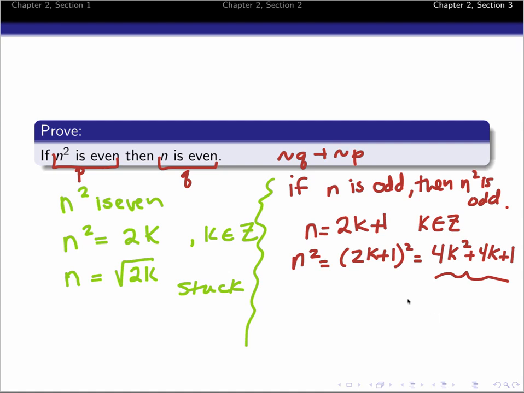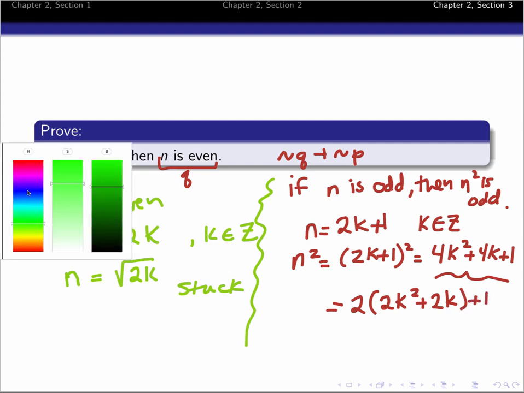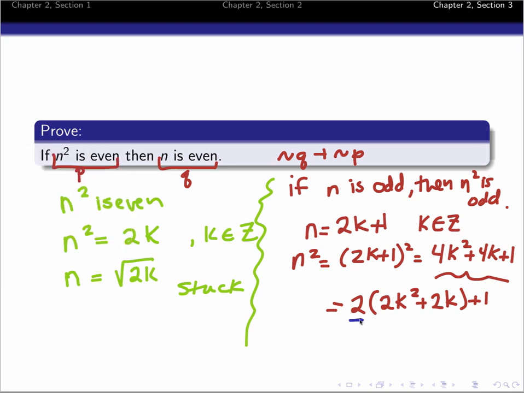But if I can factor it into 2 times something plus 1, so let's try to factor a 2 out of that first piece. I'm left with 2(2k squared plus 2k), and I still have that plus 1 on the end. So now I am in that form of being odd. So I'm 2 times some number plus 1, which is odd. So therefore n squared is odd, and we are done.